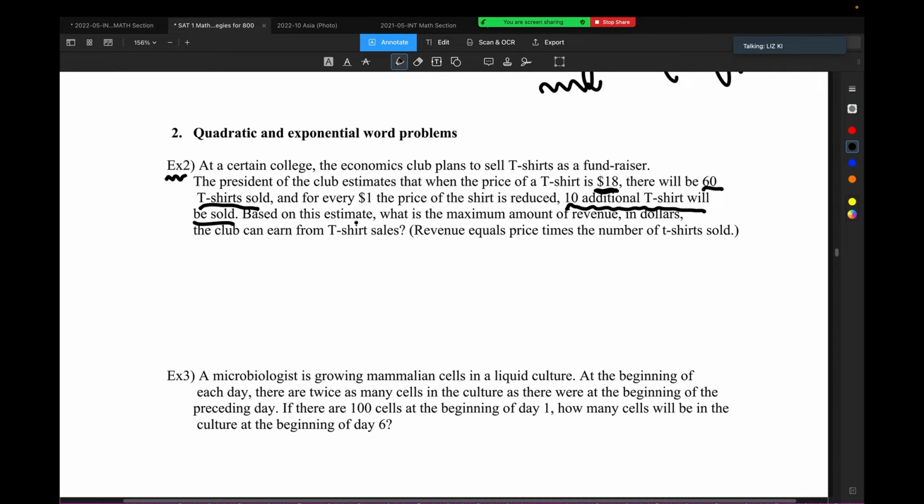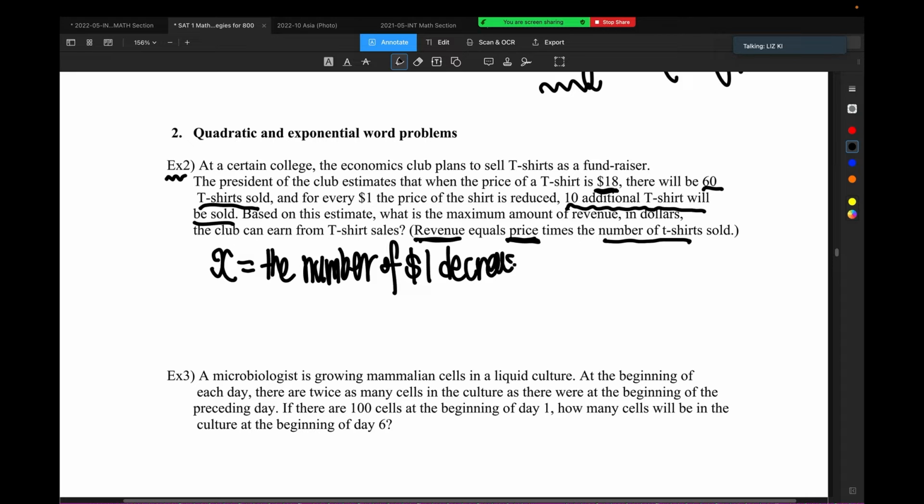Based on this estimate, what is the maximum amount of revenue? They explained revenue in case you don't know it: price of a T-shirt times the number of T-shirts sold, right? We have to find the price of one T-shirt and the number of T-shirts sold. For this kind of problem, we define x as the number of $1 decreases.